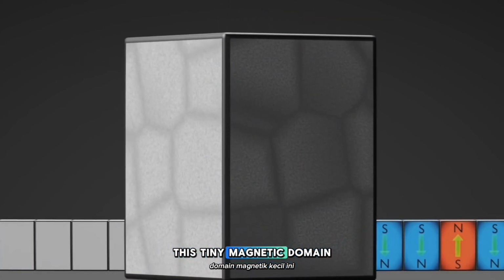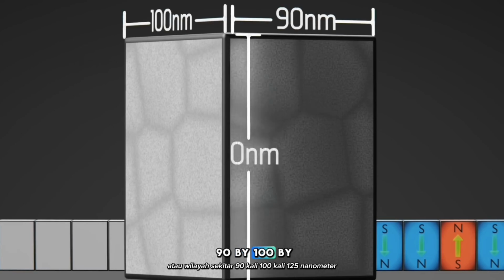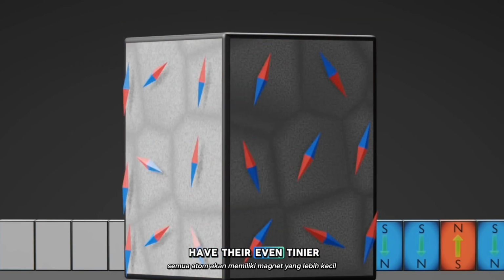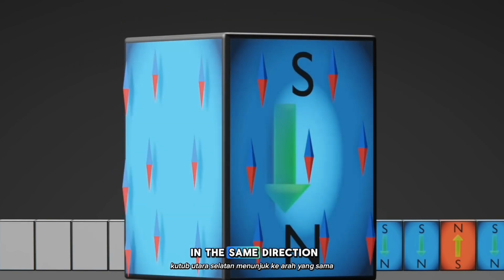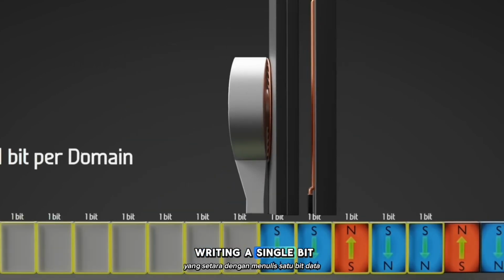This tiny magnetic domain is around 90 by 100 by 125 nanometers, and when magnetized, all the atoms will have their even thinner magnetic north-south force pointing in the same direction in order to magnetize a single domain, which is equivalent to writing a single bit of data.